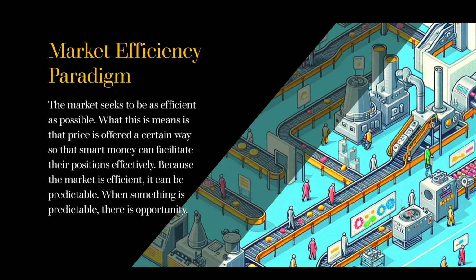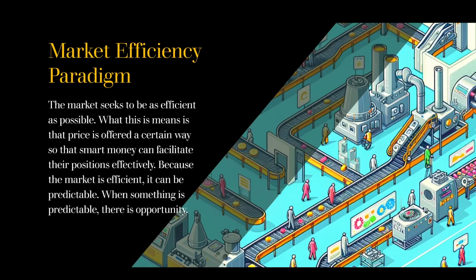So, alright, yes, the market moves efficiently. But for the uninformed retail crowd, sometimes it seems like all the market cares about is running their stop losses, right? If you've ever been in a trade and, as a beginner or as a novice, you may notice that price is always just going the opposite direction anytime you enter.